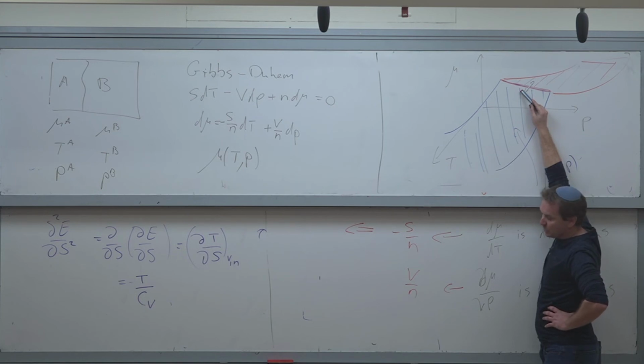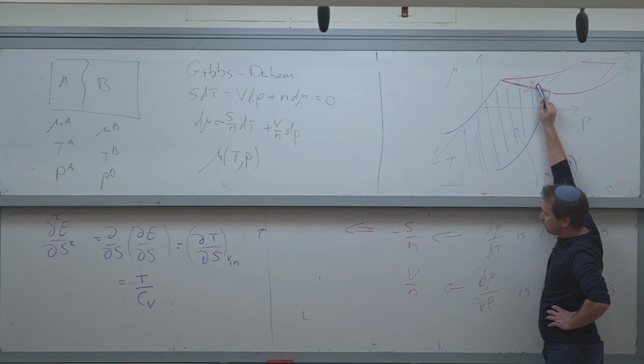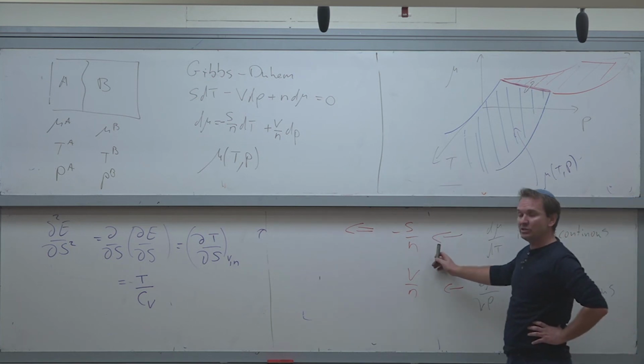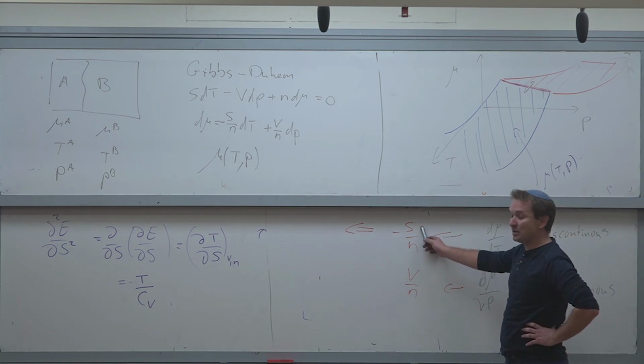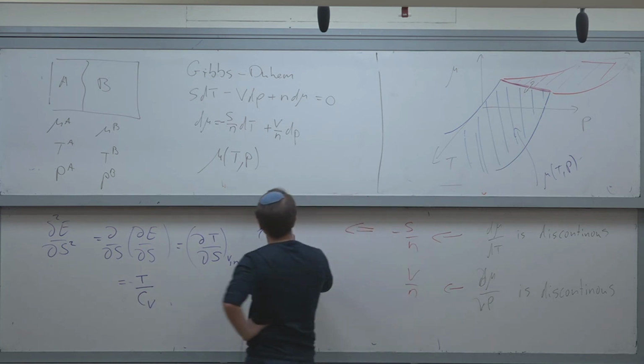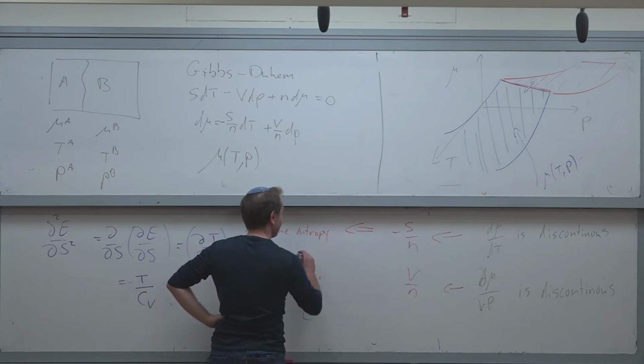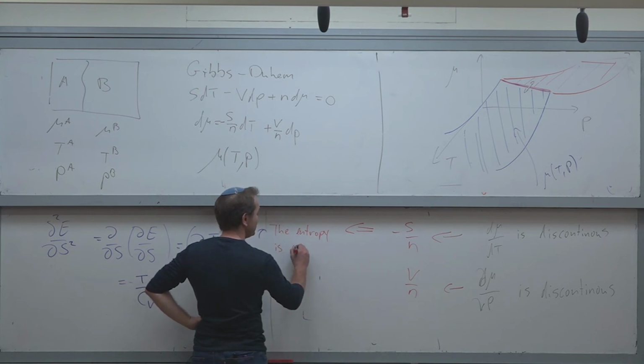Let's keep the pressure constant and change the temperature a little bit. Going from this point, where the chemical potential is A, to this point where the chemical potential is B. The system is stable. I've made a very small change. There was a jump in the derivative of mu. A jump in the derivative of mu means a jump in the entropy. The entropy is jumping.